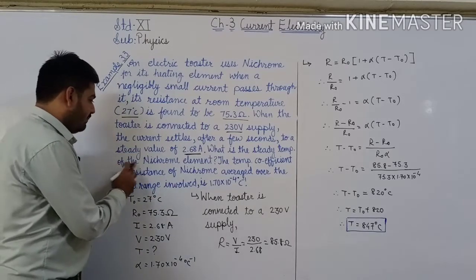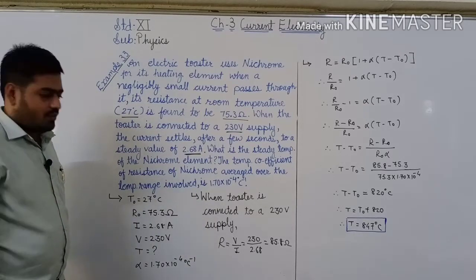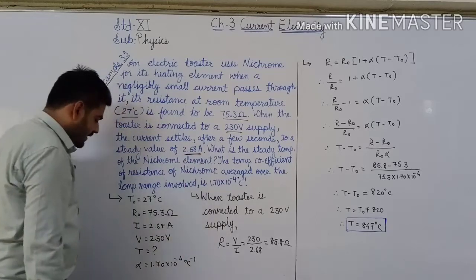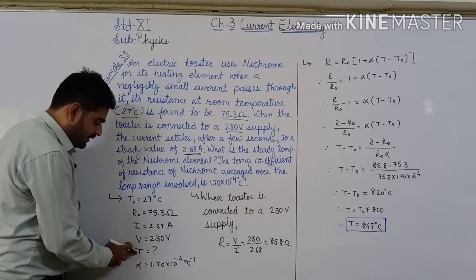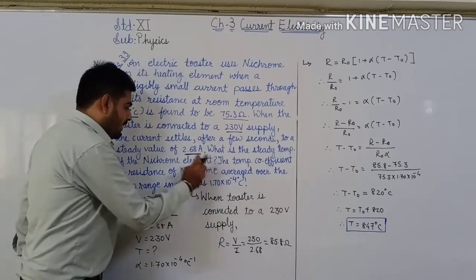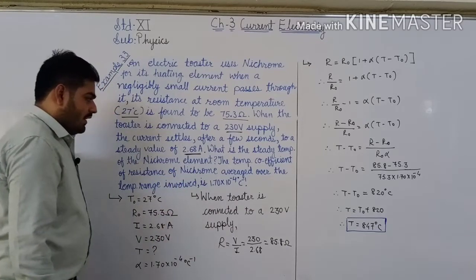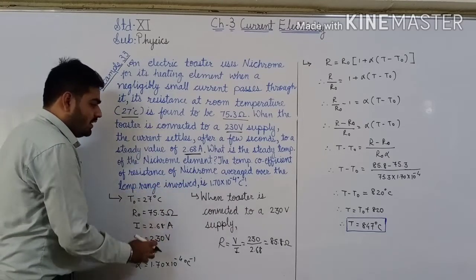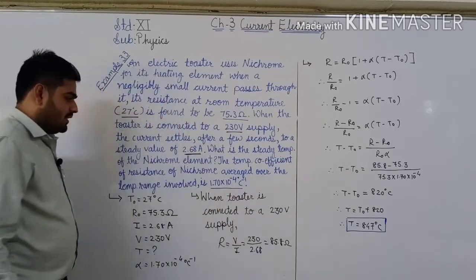What is the steady temperature of the nichrome element? When the value of current becomes steady, what will be the temperature of the nichrome material? That we have to find, that is temperature T. The temperature coefficient of resistance of nichrome, averaged over the temperature range involved, is 1.70 into 10 raised to minus 4 degree Celsius inverse.